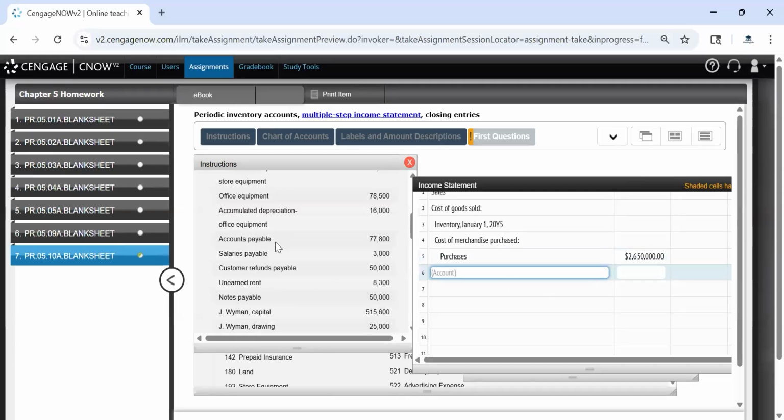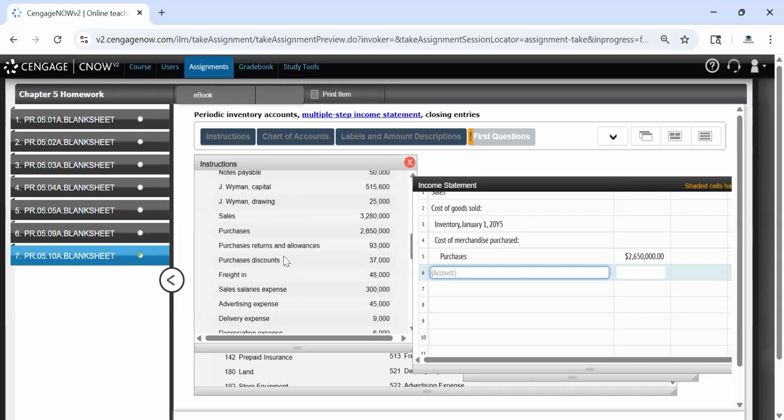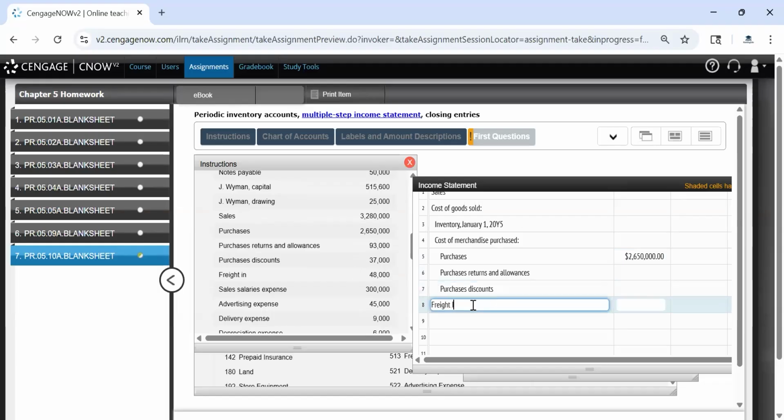Then we need to add in our purchase returns and allowances, and our purchase discounts, and our freight in. This is all the costs and discounts and allowances related to purchasing the inventory that we sold during the year.